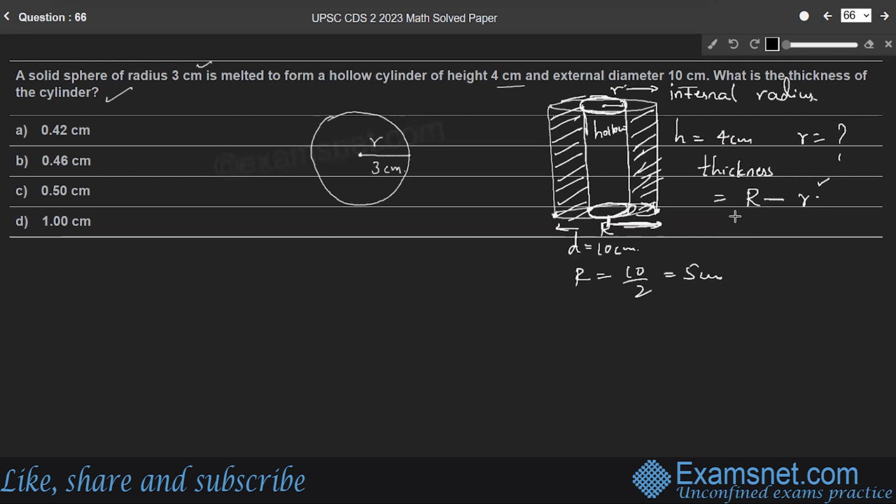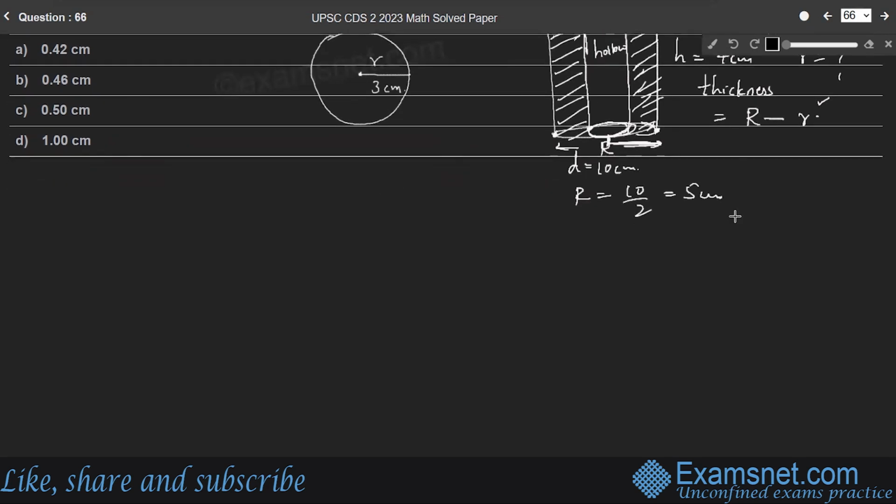For that, let us go for the volume of the solid sphere, because the solid sphere is melted to form a cylinder. We'll compare the volumes here. So the volume of the sphere is equal to the volume of the hollow cylinder.